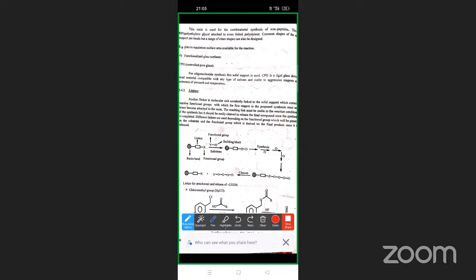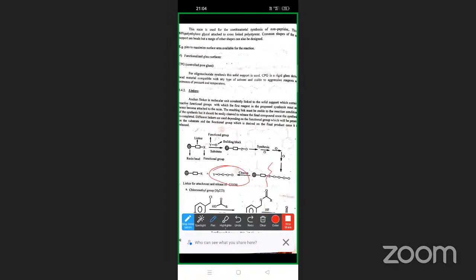So that is the cleavage. The mineral acids can be used to cleave that particular bond here. After cleavage of this linkage, where this bond breaks down here, you will get this product.